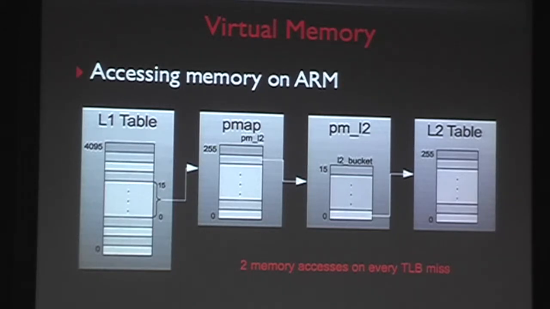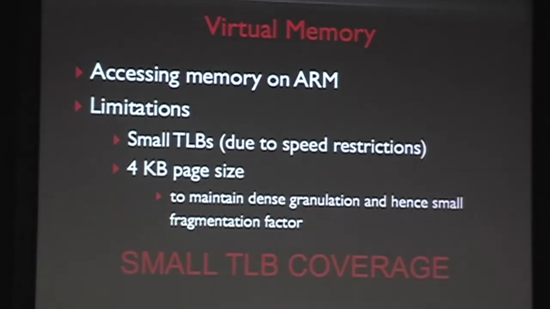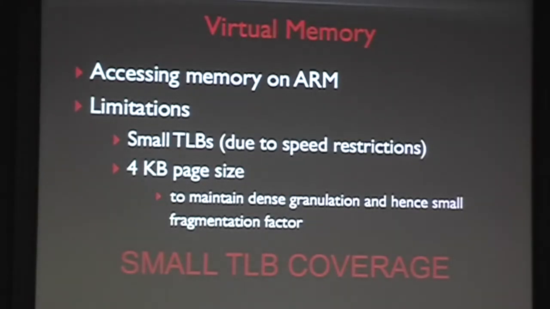So apart from the TLB-miss overhead itself, we have two memory accesses on each TLB miss. Summarizing this, we have limitations related to small TLBs and to 4 kilobyte page sizes that we want to maintain for dense granulation, and so a small fragmentation factor. Due to that, we have a small TLB coverage.